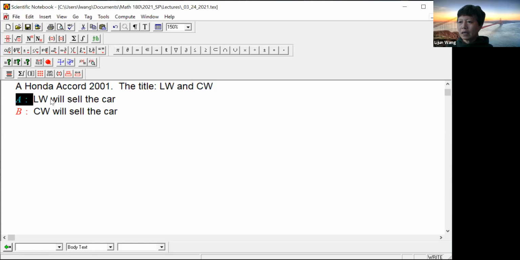So A could be true or false, right? As I'm saying, I'm going to sell the car. If I say true, it means selling the car, and false means not selling the car.